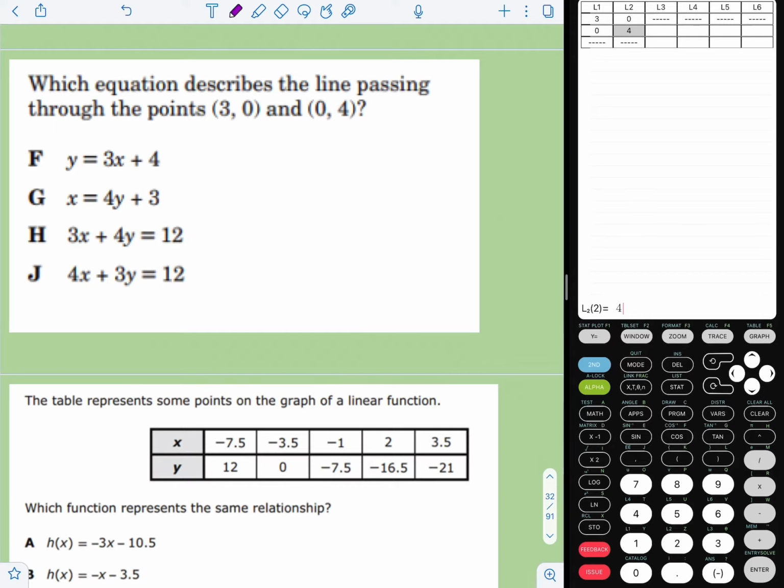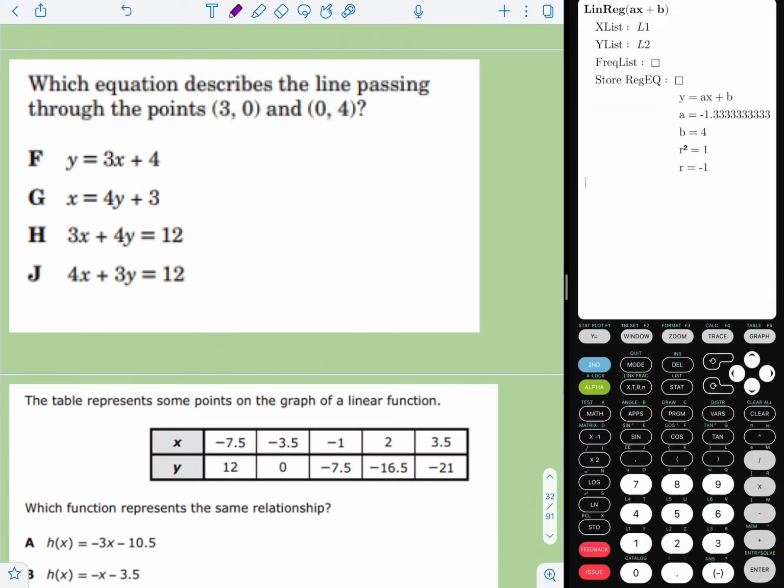And then to come up with our equation, we press stat. We go to calc. So we go over to calc. And we press 4. And then enter. And it tells us that our A is negative 1.3 and our B is 4.